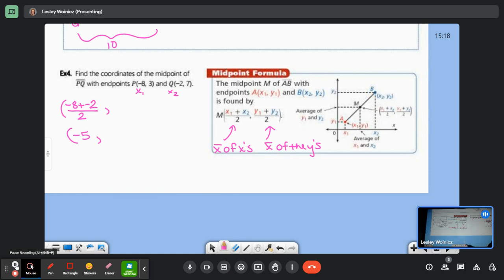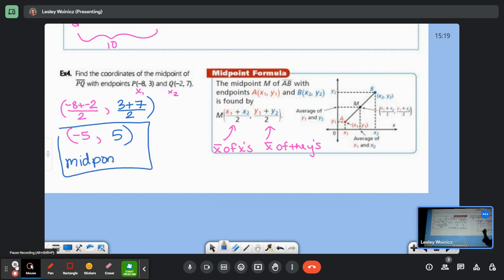And then for the y's, it's my two y coordinates, so 3 plus 7 divided by 2. So positive 5, because 10 divided by 2 is 5. Okay, this is our midpoint. Questions?